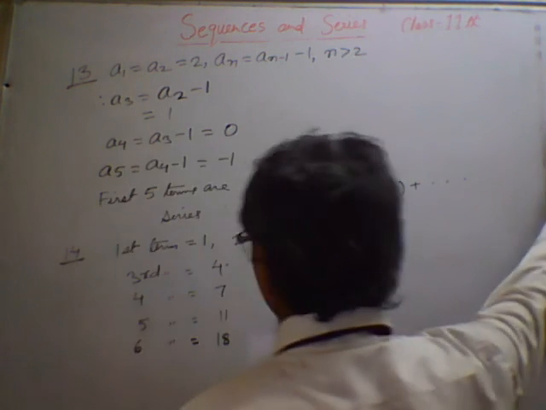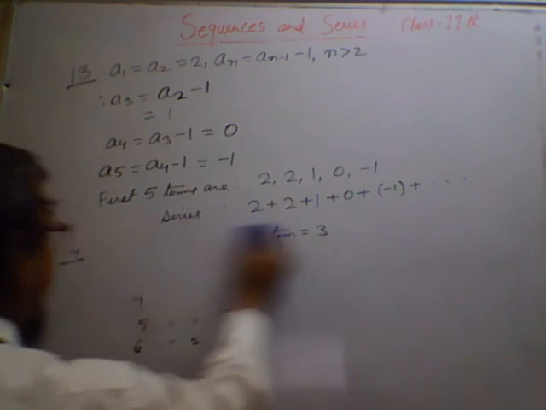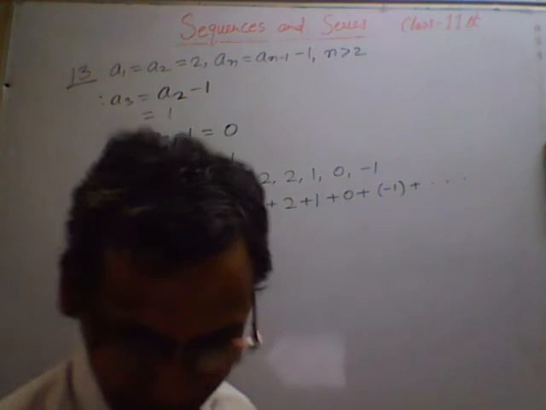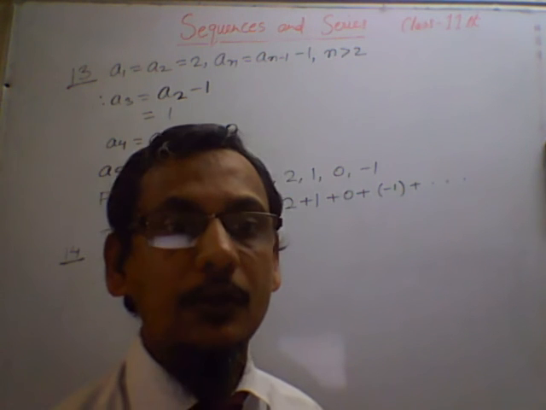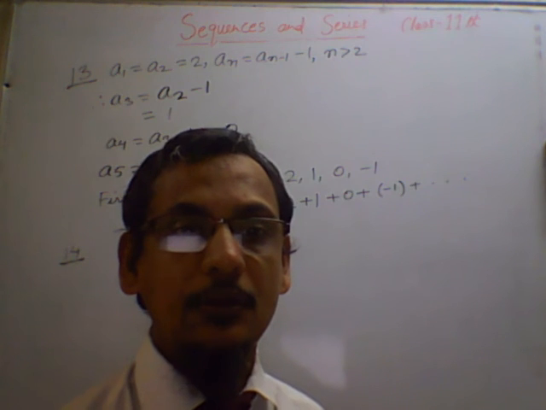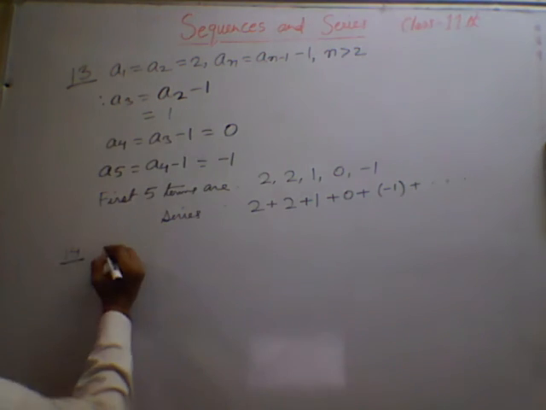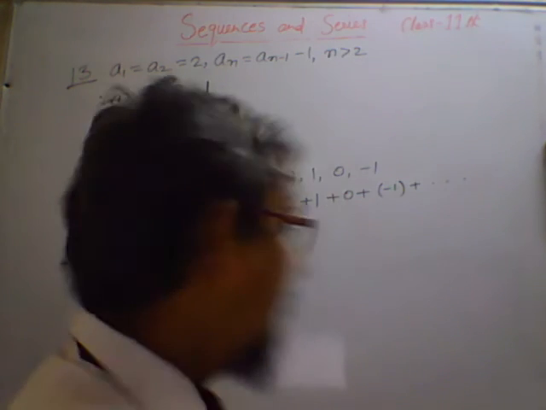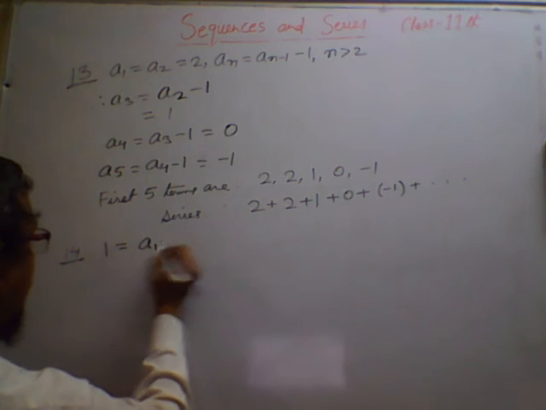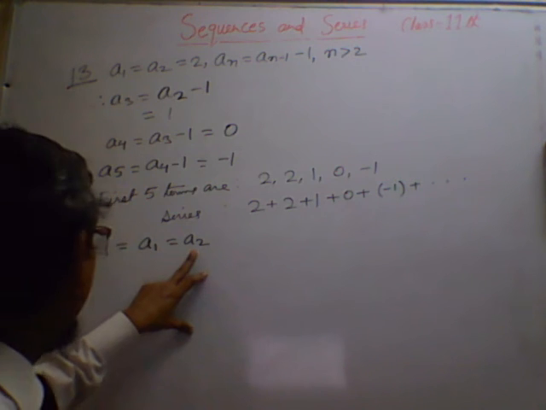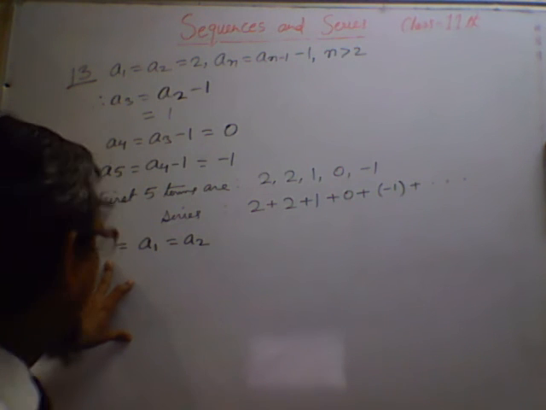So now we write the question, question number 14. Defined by A1 is equal to A2. It means A1 and A2 both have a value of 1. So what would it be?